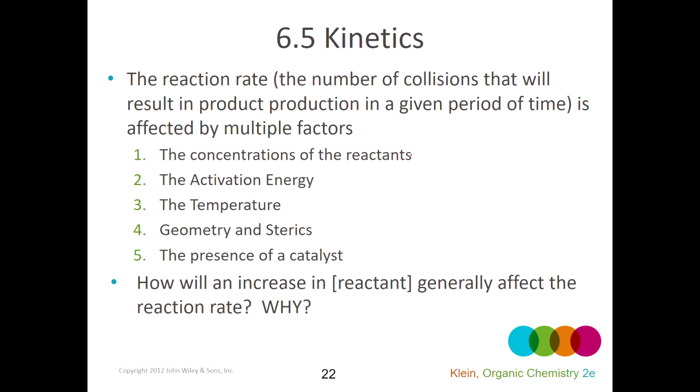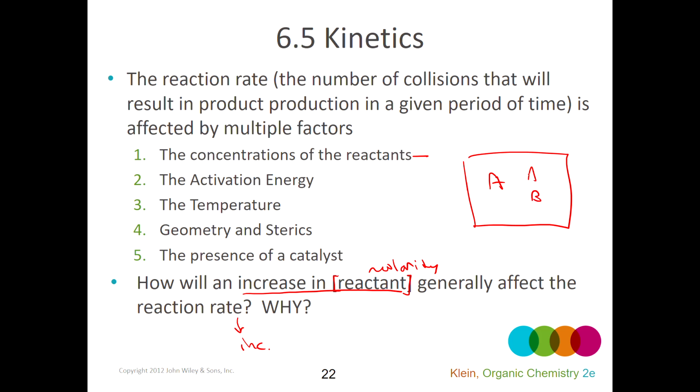We just said the concentration is a big factor. So if I increase the reactant molarity, remember these brackets mean molarity, what effect will that have on the rate? It will increase the rate. And that's because, as we just said, if I have lots of reactants around versus very few, and they're just bouncing around randomly, if there's a lot of them packed in a small amount of space, which is what molarity measures, the number of moles per volume per liter, then they're going to be constantly colliding.